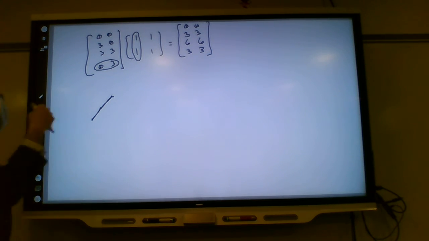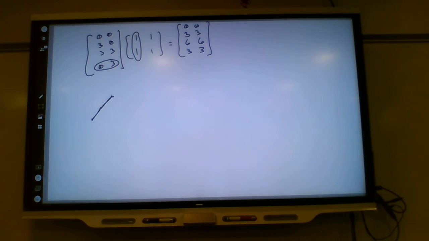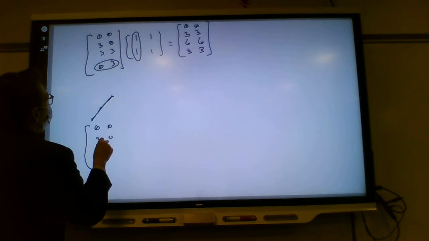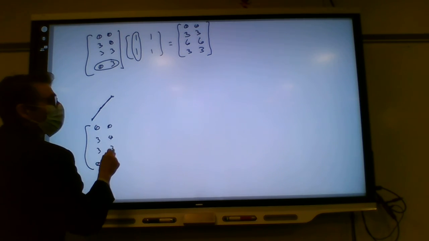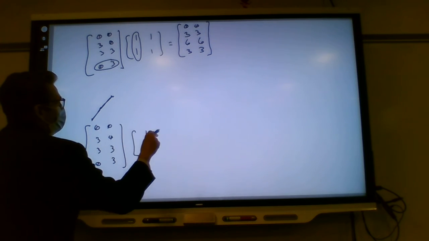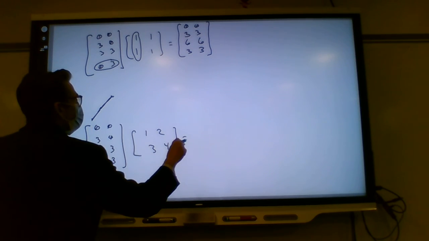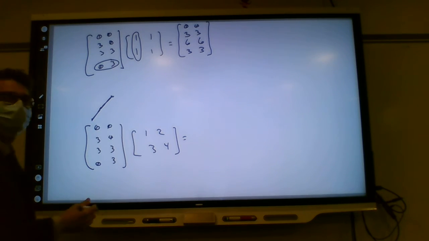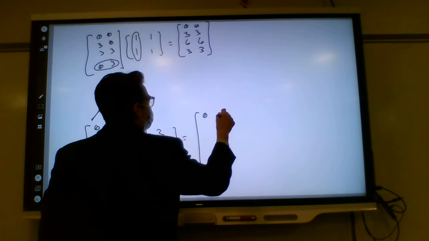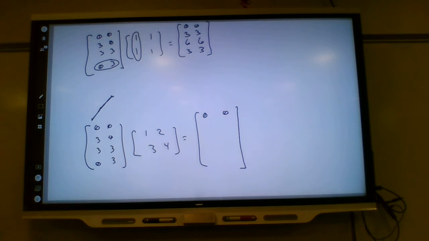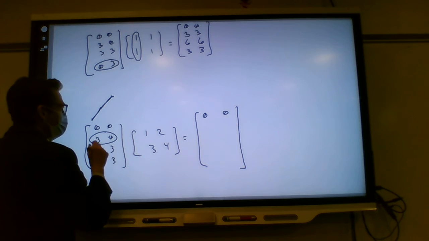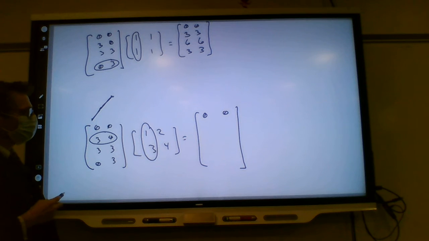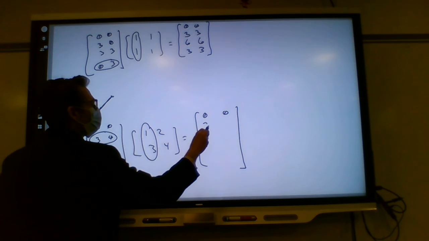So what would have happened if we didn't have exactly the same shear all the way around? What if we had done, say, some combination? One, two, three, 4. So we know that. Let's go through each of these. That's 3.